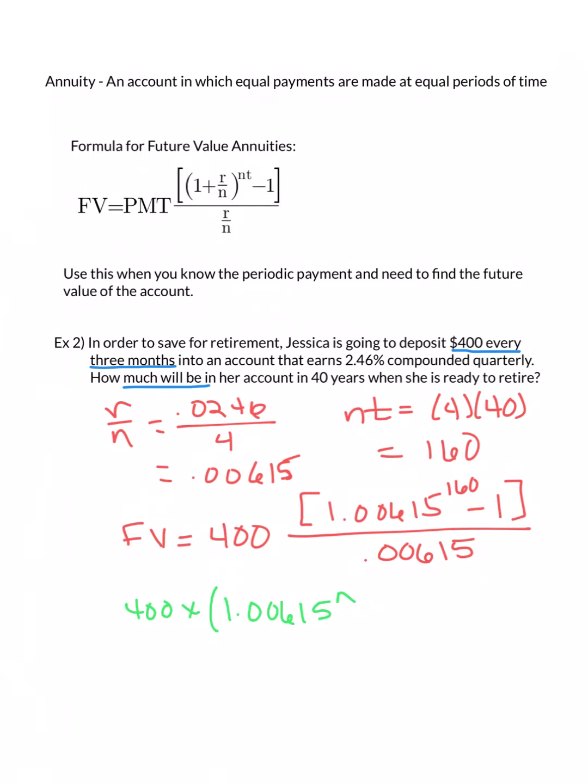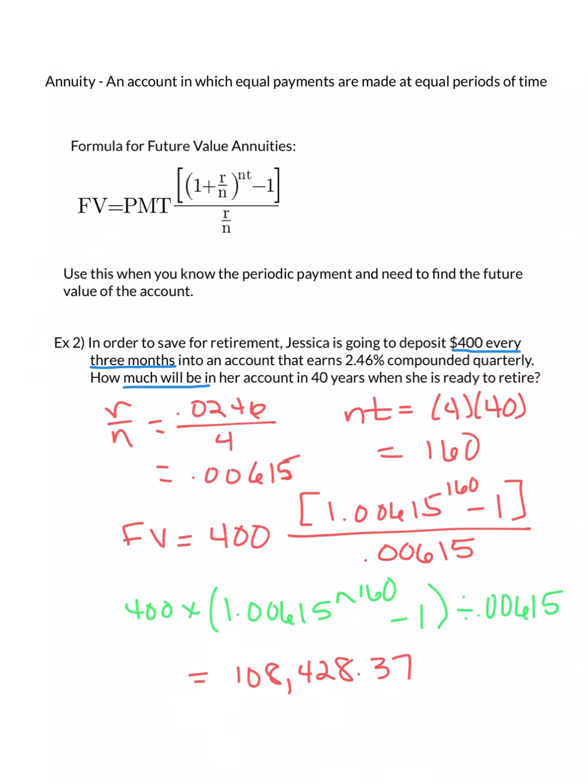Most of you have a caret for your exponent key. Close your parentheses and then divide by 0.00615. In doing that calculation, you should get 108,428.37.